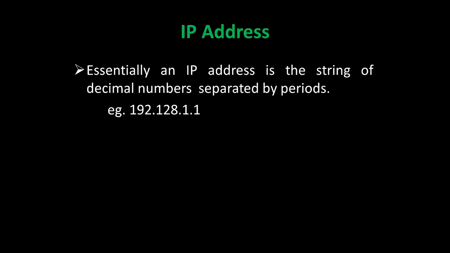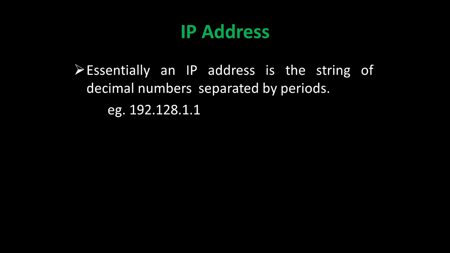This is an example of a typical IP address: 192.128.1.1. The dots there are referred to as the periods, and you have seen that this string has been divided into four parts. There is the first 192, then 128, 1, 1. These are decimals, values that you and I will be interacting with.